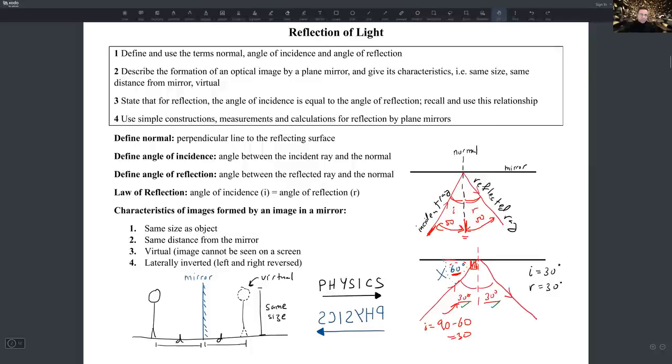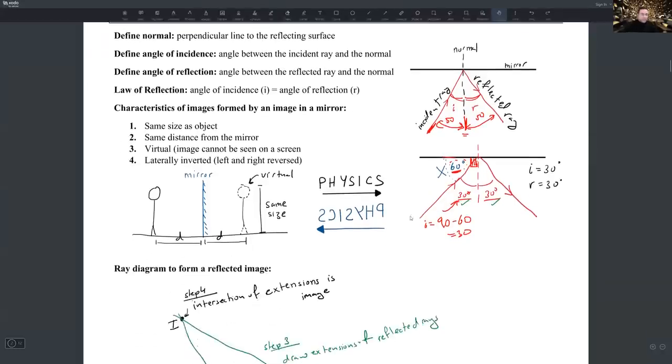Honestly, reflection isn't hard. However, when you look at yourself in a mirror, what do you see? Yourself, right? Whether you're smiling or frowning, it doesn't matter. You see yourself. So what happens is that the light from you hits the mirror. Let's say, for example, you have a red shoe on your foot.